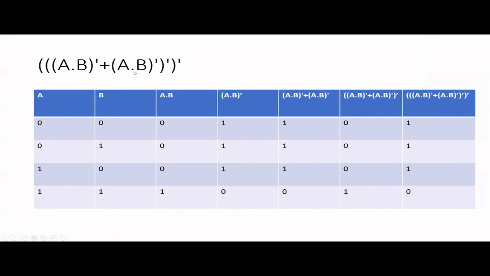And then we have A and B. We take the negation of that as well, right? And there's an OR operation. We get the OR and get the negation of the whole thing. Why? Because there's a NOR gate, right? So you get O1 and we take the negation of this. Then finally we have a NOT gate. So that means the whole result again, you have to take the negation or the invert of it. That's why again I'm taking the negation of the full thing.